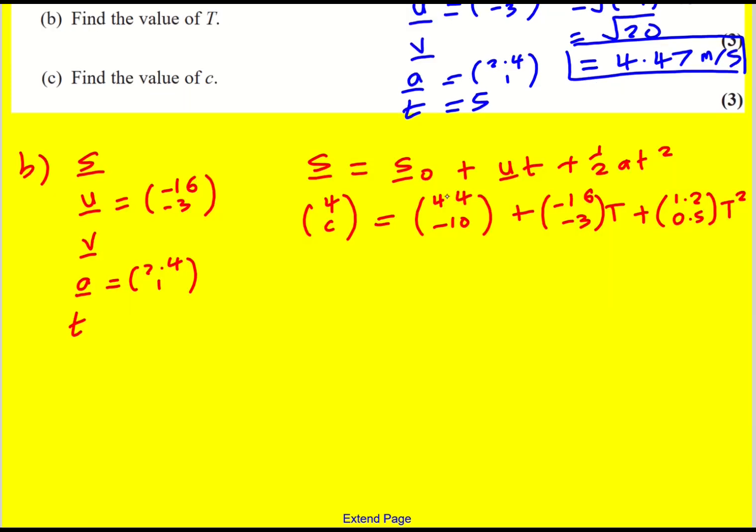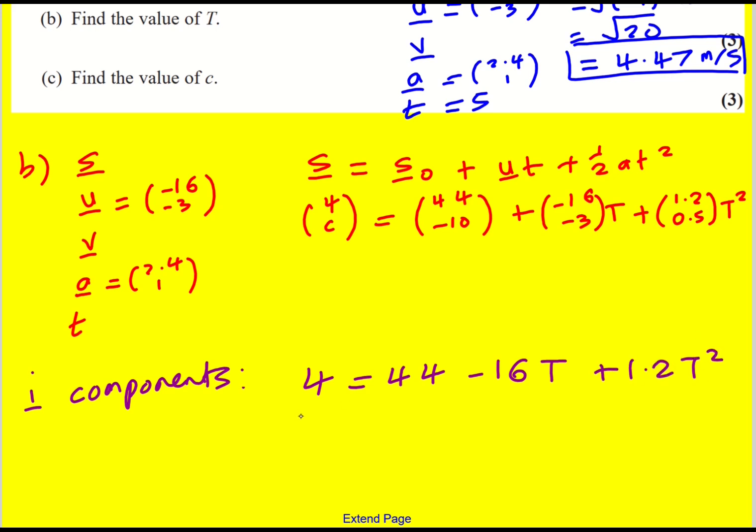So it must be the i components are equal and the j components are equal. We don't know all the j, so we're going to need to deal with the i first. So i components: 4 equals 44 minus 16t plus 1.2t squared. So 1.2t squared minus 16t plus 40 is equal to 0.